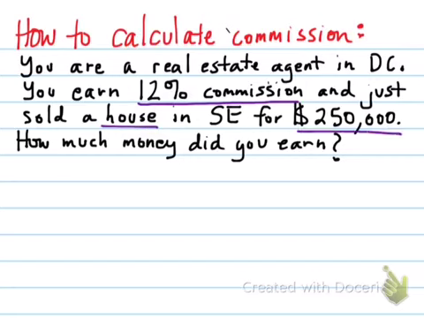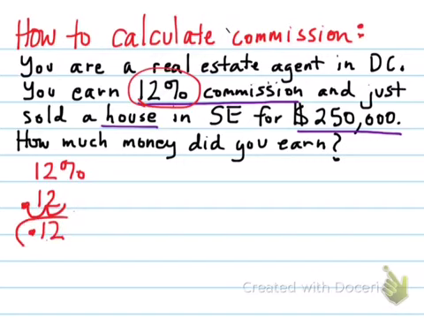Our first step here is to convert the percent to a decimal. I know that 12% as a decimal, the quick rule is if the decimal point starts here, I can just move it 2 places to the left. So 12% as a decimal would be 0.12.